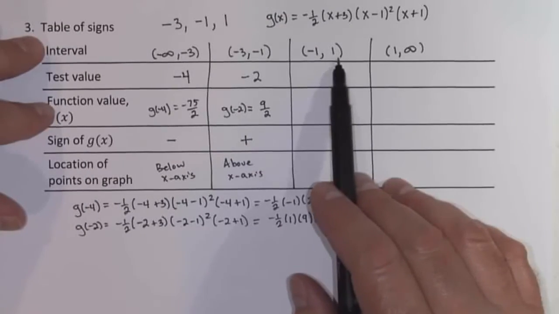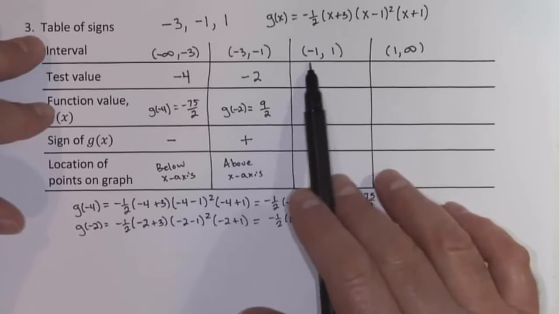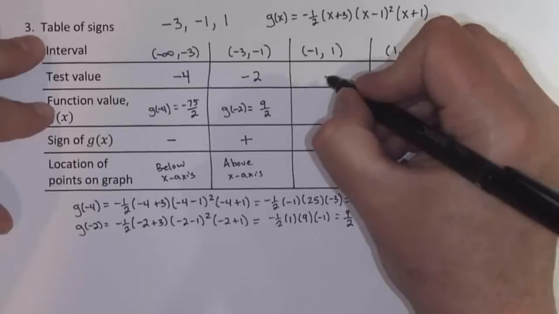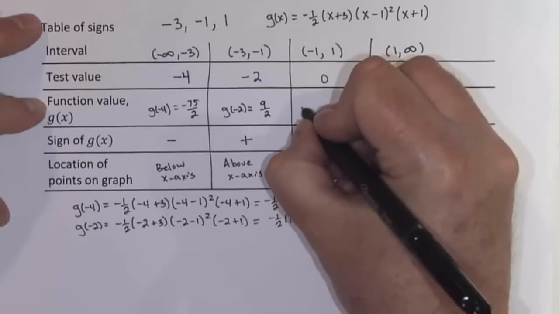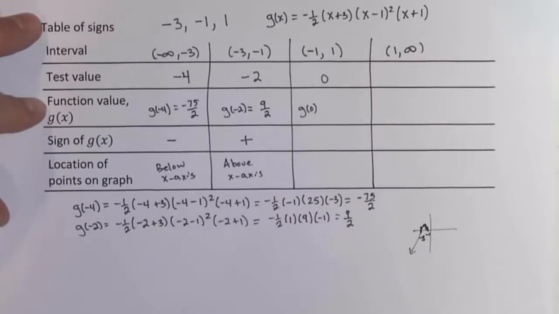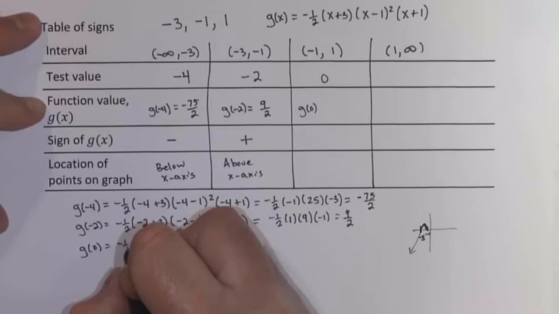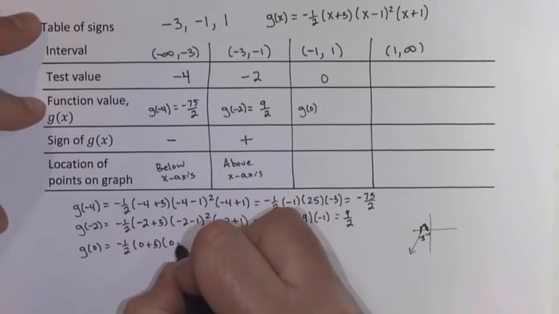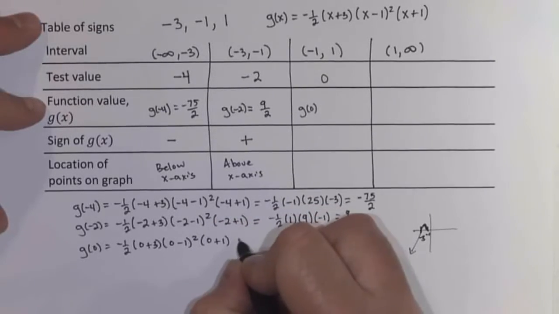Negative 1 to positive 1. On that interval, we can choose a test value, which means any number between negative 1 and positive 1. So 0 would be a nice test value. So we need to find g of 0. Well, g of 0 is going to equal negative 1/2 times 0 plus 3 times 0 minus 1 squared times 0 plus 1.